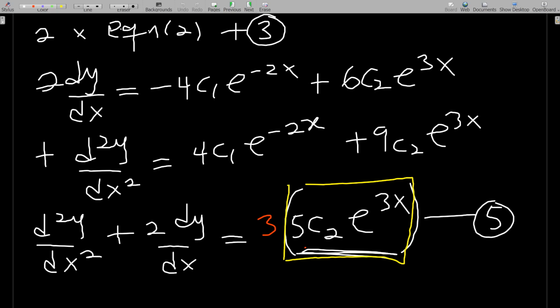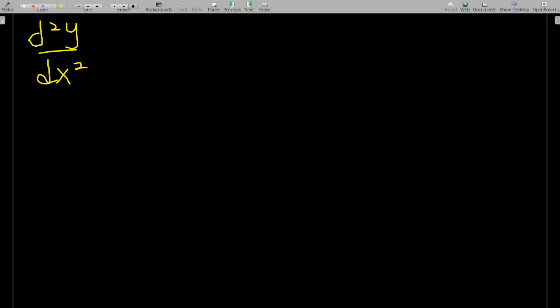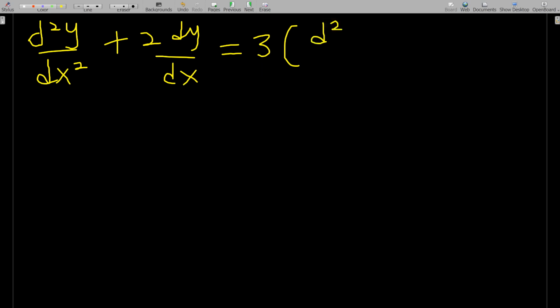Okay, plus 2 dy dx, and this should be equal to 3 times 5C2 e to the power 3s. And we said that 5C2 e to the power 3s is the same as d squared y ds squared minus 4y from equation 4.